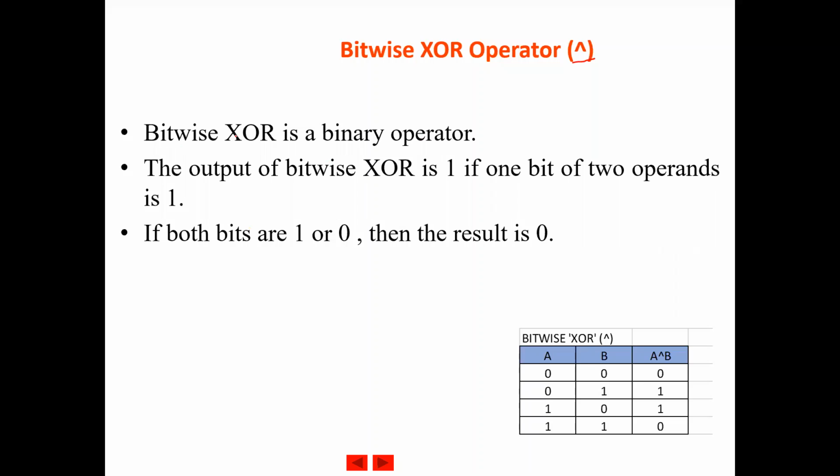The only difference between XOR and OR is that when both bits are 1 or when both bits are 0, you'll be getting the output as 0, right? If both bits are 1 or both bits are 0, you'll be getting the output as 0. Got it? So that will be the only difference.